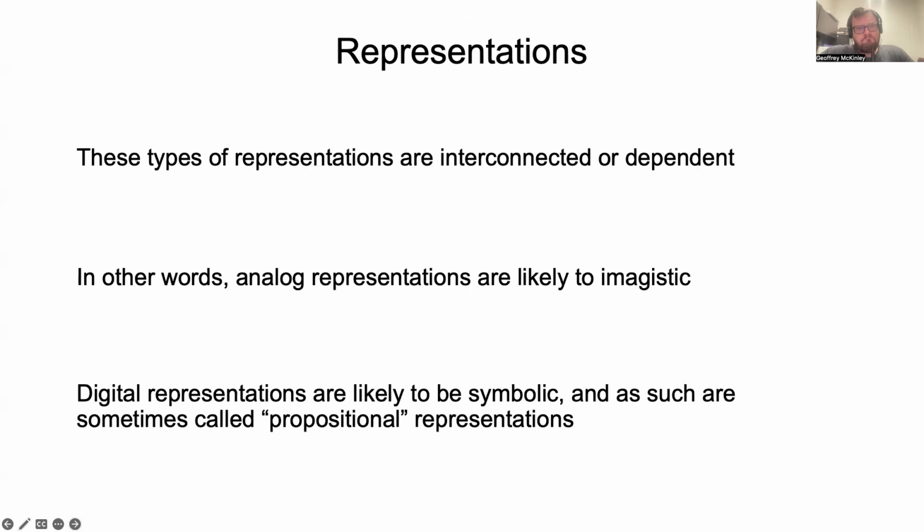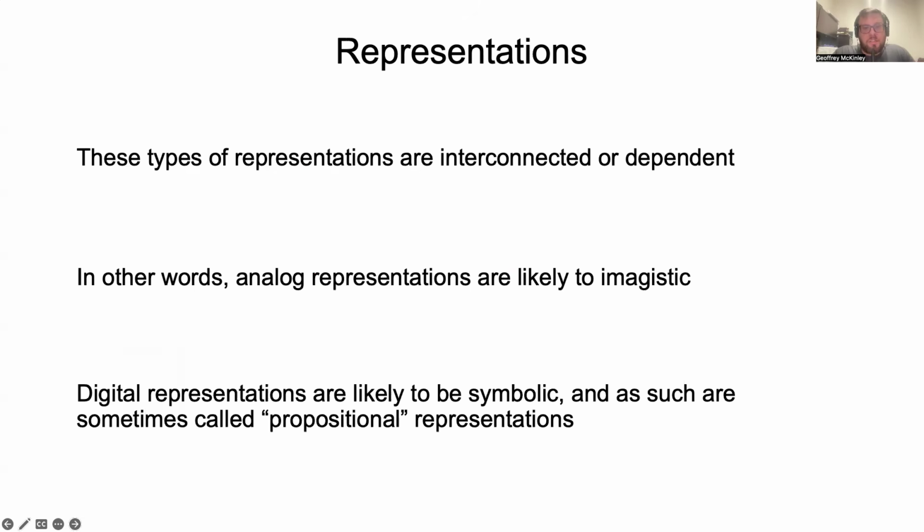Digital representations are likely to be symbolic, basically, and as such, they're also sometimes called propositional representations. And not only are imagistic and analog representations somewhat synonymous, they're also synonymous with concrete. So concrete representations, analog representations, imagistic representations, right?